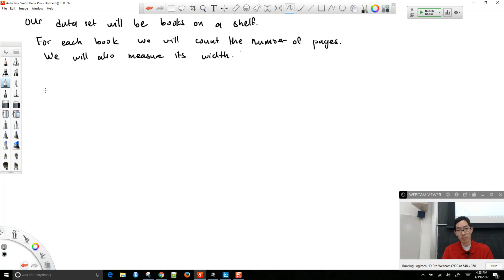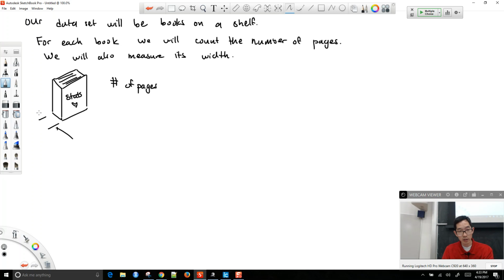You can imagine, here's my picture of a book, stats, and we're going to look at the number of pages, and we're also going to measure the width of the book.